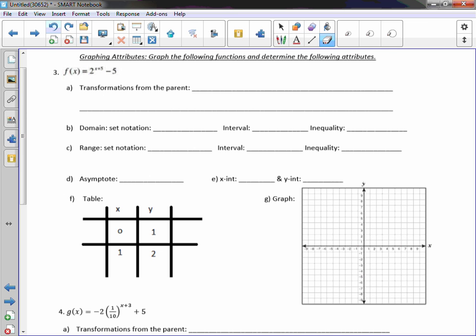That's just our beginning. This -5 out here, remember anything outside is a y transformation, so that -5 means shift down 5. Notice in the exponent I have x plus 5. The exponent is going to be my x transformations. So that says x plus 5.